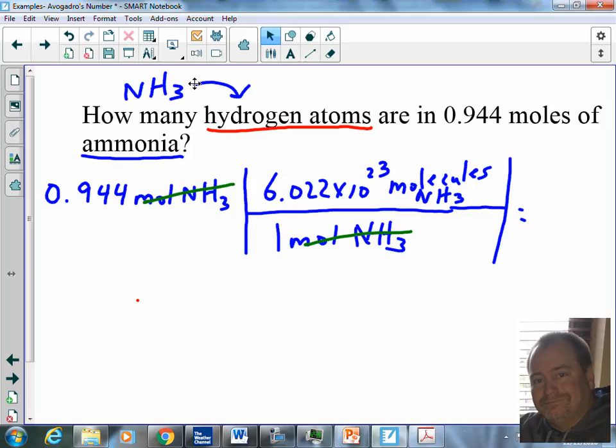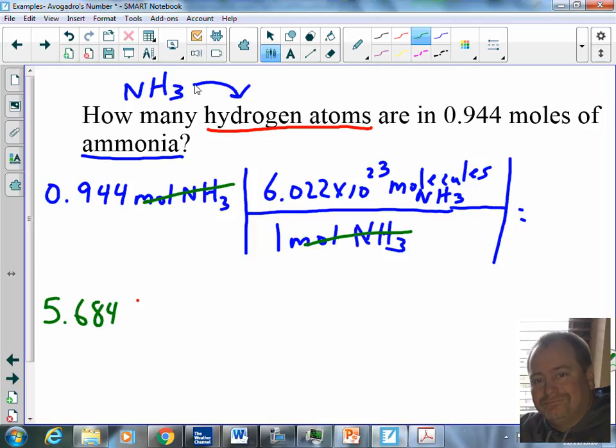So I'm going to take times 10 to the 23rd. I'm going to take that number, and that is molecules of NH3, right?